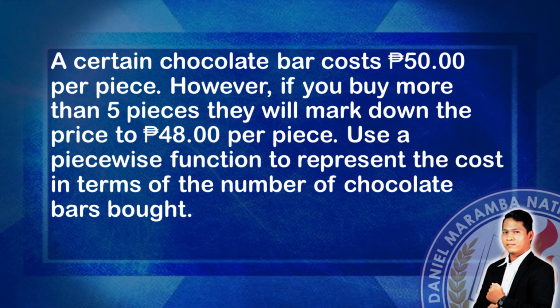Next situation. A certain chocolate bar costs 50 pesos per piece. However, if you buy more than 5 pieces, they will mark down the price to 48 pesos per piece. Use a piecewise function to represent the cost in terms of the number of chocolate bars bought.